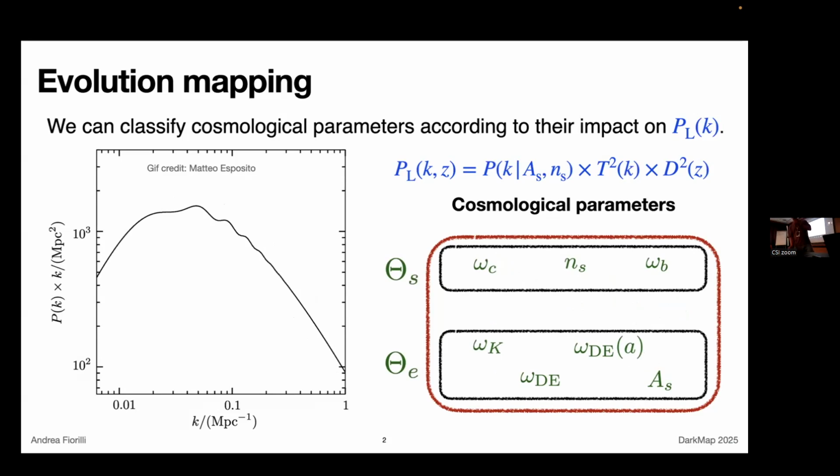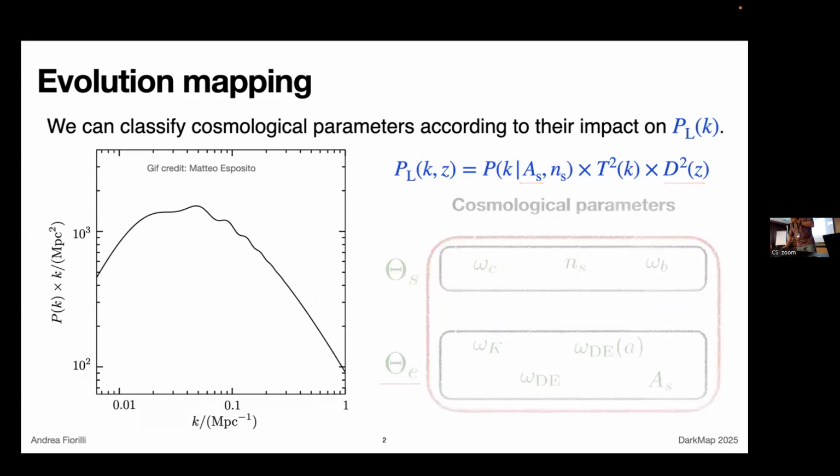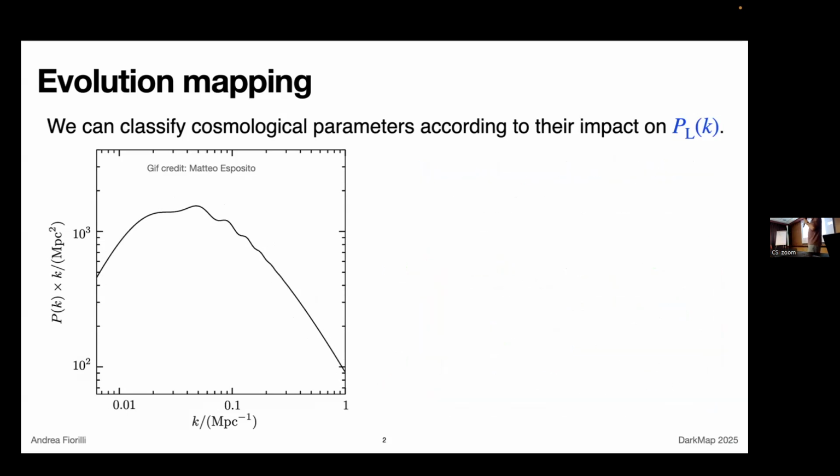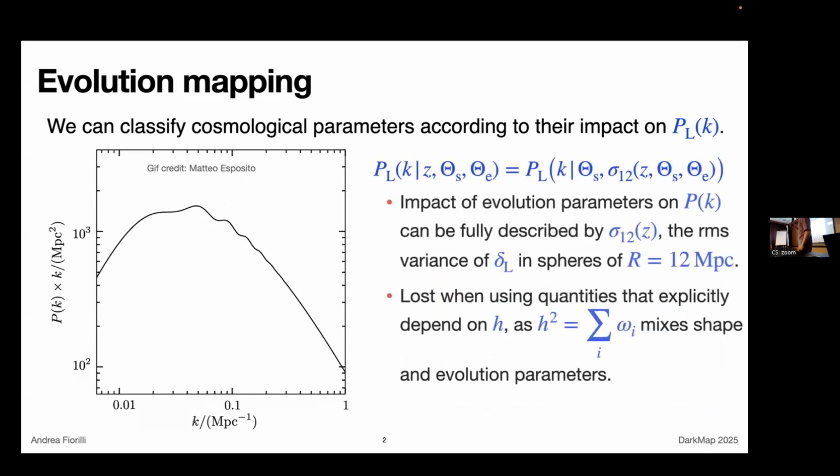They can be just summarized in one number, which is the amplitude of the linear power spectrum, which for everyone who's into large-scale structure or is trained in cosmology, is sigma 8. Except sigma 8 won't work in this case, because the scale at which it is defined, 8 Mpc over h, depends on h, which is a mix of shape and evolution parameters.